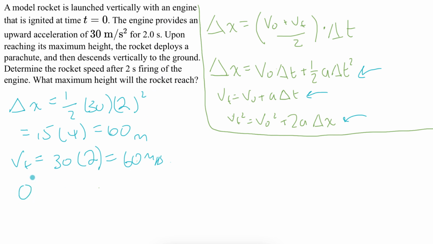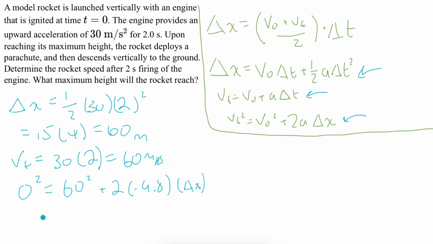So we can plug in 0 squared is equal to the initial velocity after it stops accelerating upwards, so 60 meters per second squared, plus 2 times the acceleration, that is minus 9.8, it's Earth's gravity, and times the change in x. It's really change in y, but it doesn't matter which variable you're using.